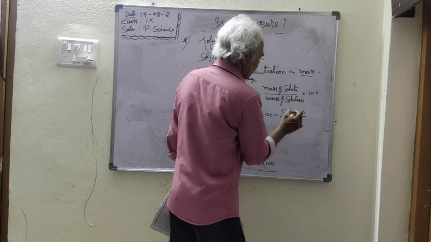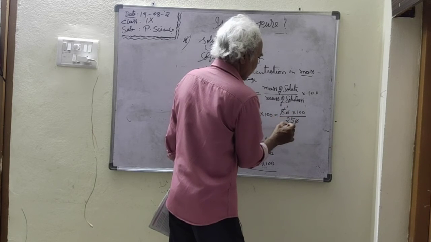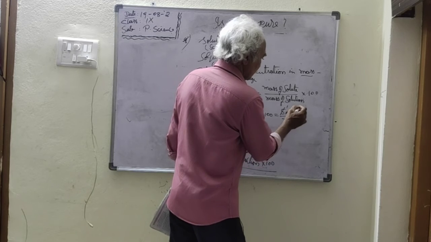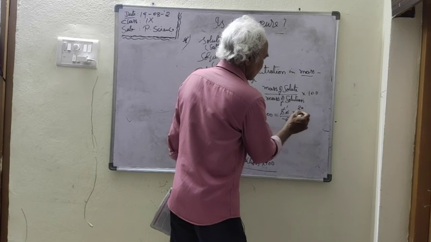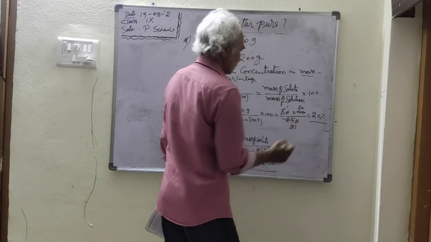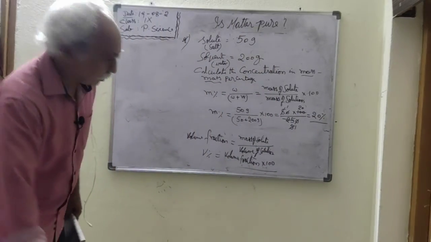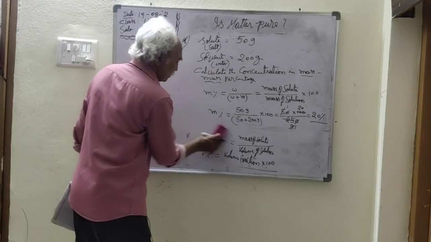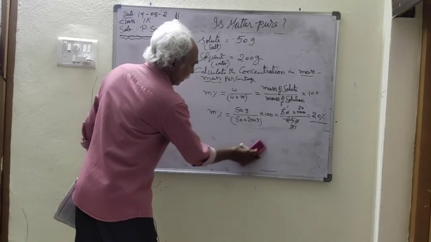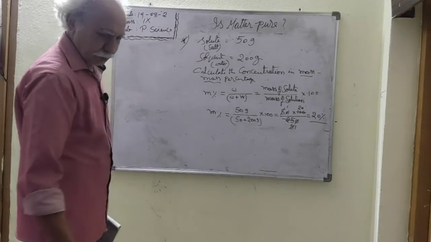The zeros cancel, 5 ones are 5, 5 fives are 25, so it is equal to 20%. So the mass percentage is 20%.